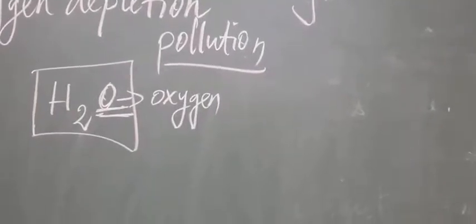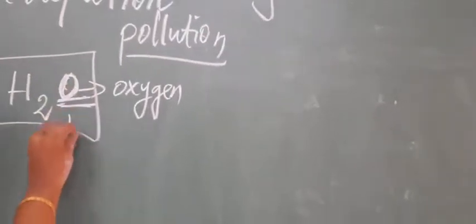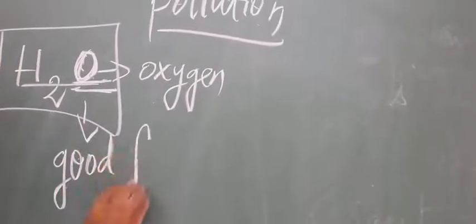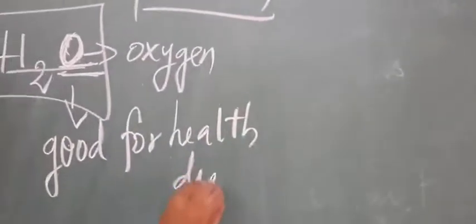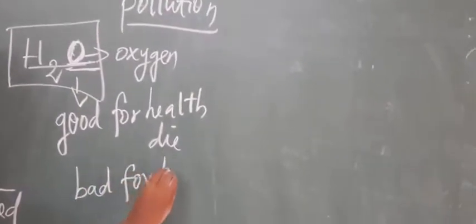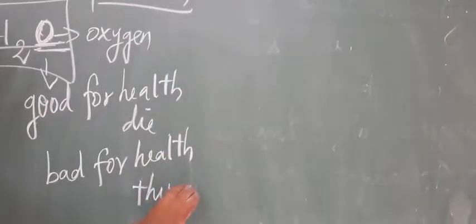relatively harmless aerobic microorganisms die and anaerobic microorganisms begin to thrive. So, if the level of oxygen decreases in the water, the organisms which are good for health will die, and the organisms which are bad or harmful for health start to thrive.